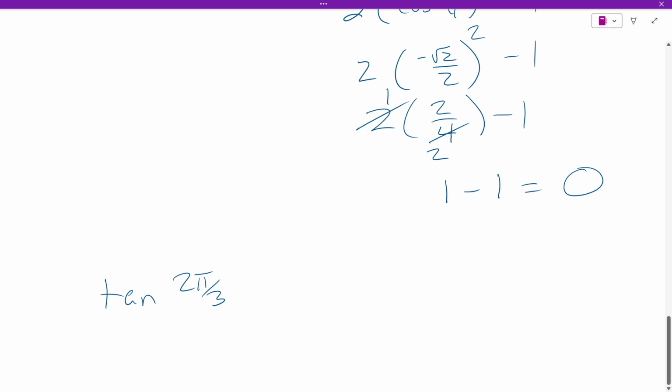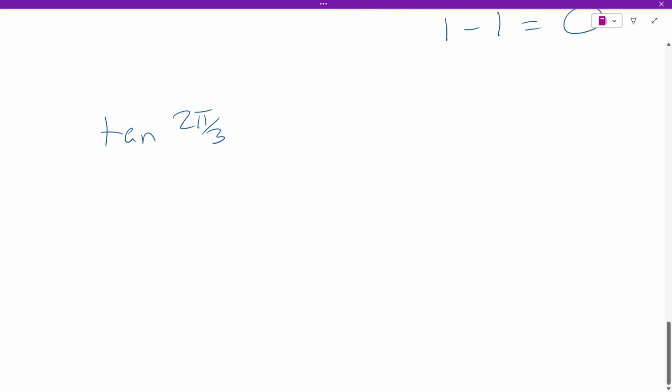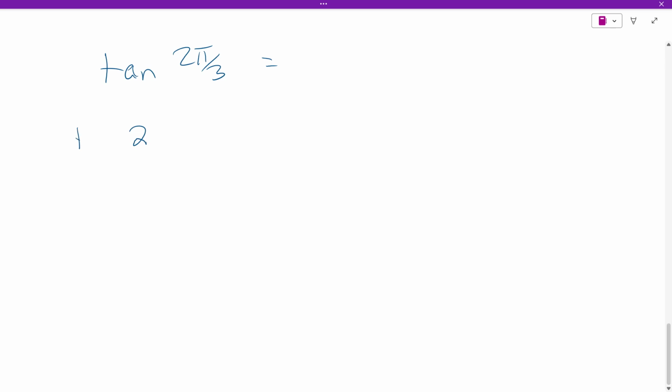The tangent of 2 pi over 3. The tangent of 2 pi over 3 is the same as the tangent of 2 times pi over 3.